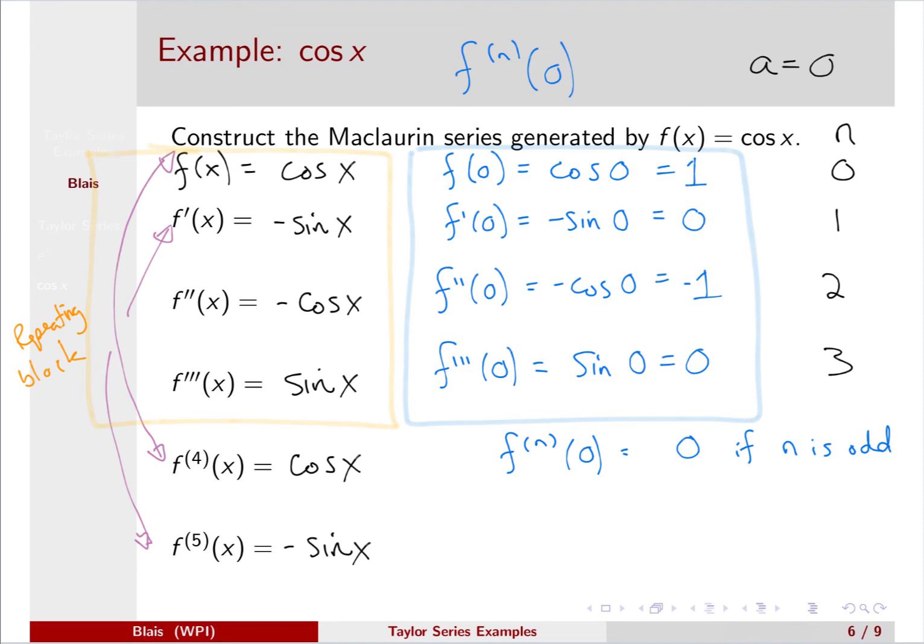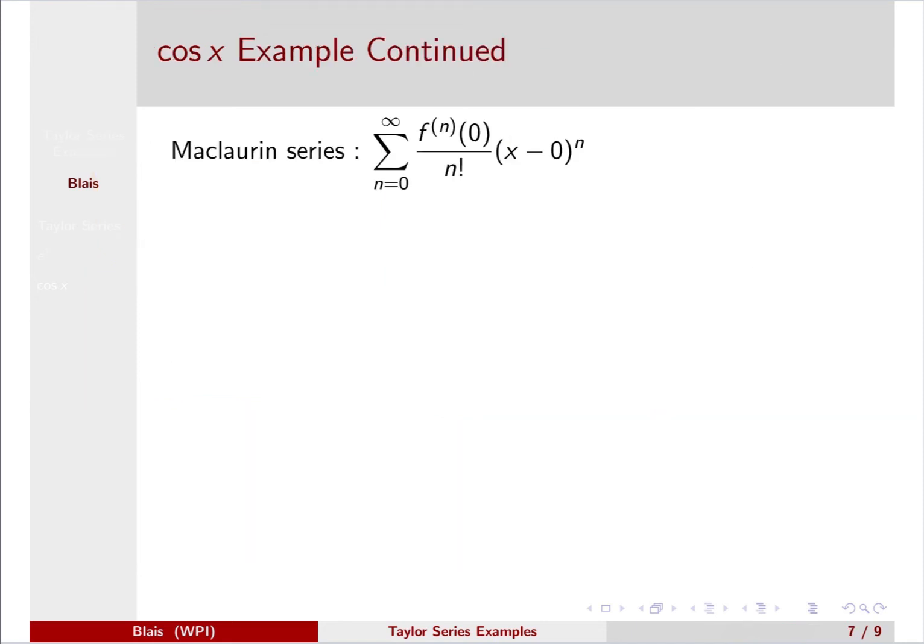So how can we capture that? Well, let's write out some of the terms to try and see what's happening. When n equals 0, we get the 0th derivative, which is just a way of writing f itself, of 0 over 0 factorial, x minus 0 to the 0, which is 1.